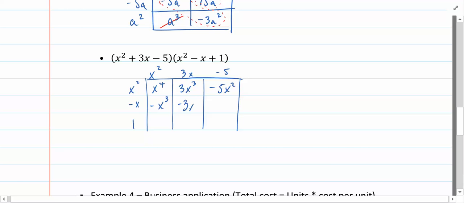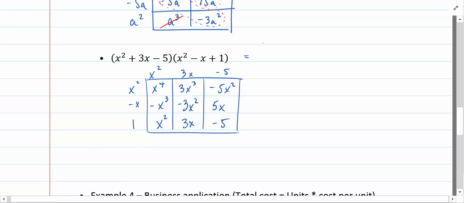Negative 3x squared is the next result, and positive 5x is the third result. Negative x times negative 5 is positive 5x. For the last row, we have 1 times x squared, 1 times 3x, 1 times negative 5. We have the table complete.